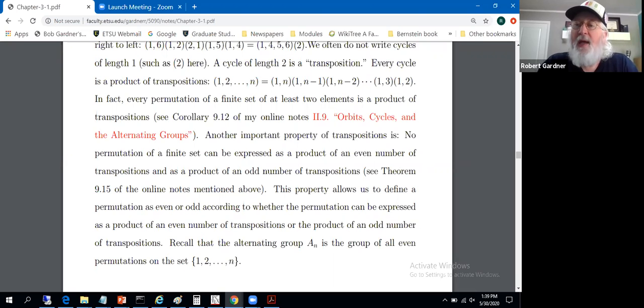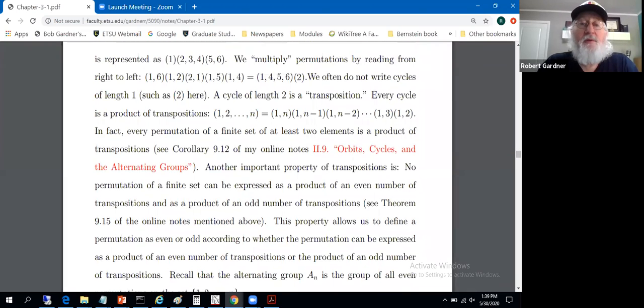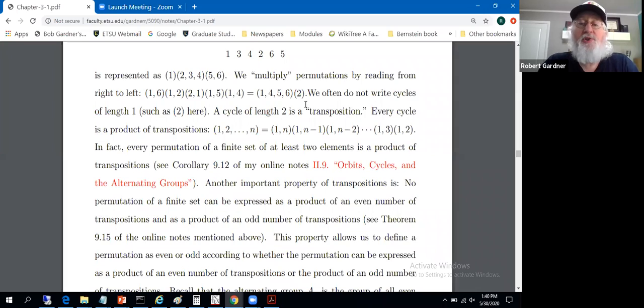So if I look at this permutation up here, we've written it as a product of 1, 2, 3, 4, 5 transpositions. Can you write this same permutation a different way? Yeah, I bet you I can write it as a product of 3 permutations.